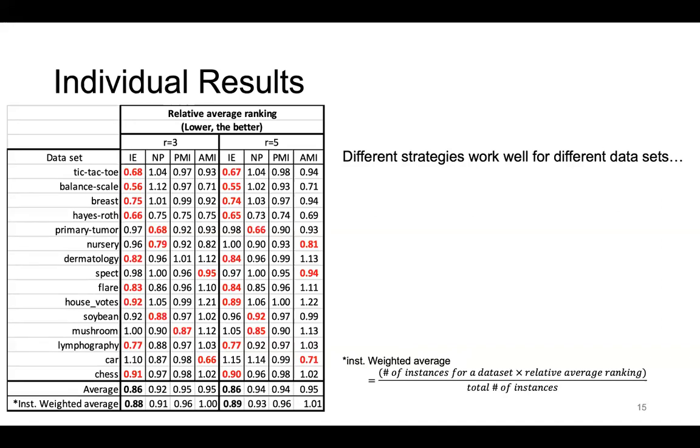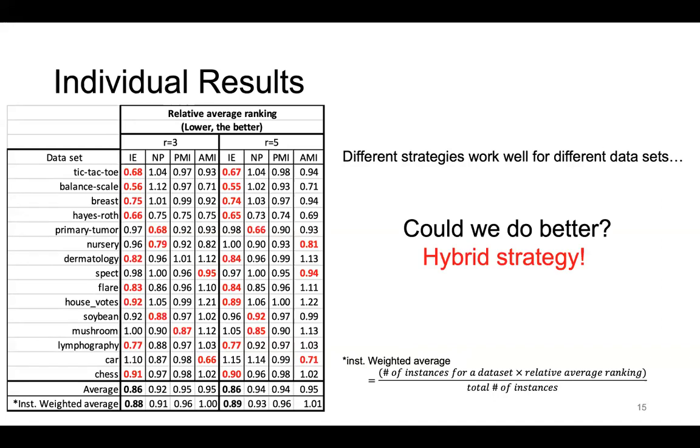So as you can see, different strategies work well for different data sets. So that means there's no one-for-all optimal strategy for the tensor train decomposition. So how could we do better? So this is why we further propose the hybrid strategy.